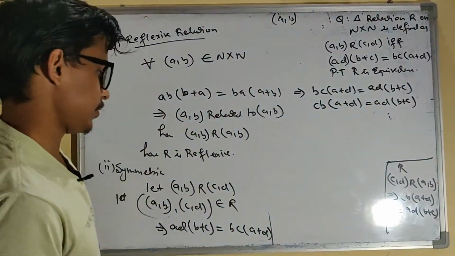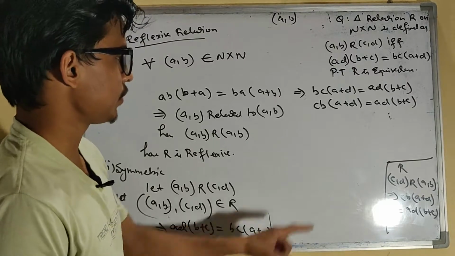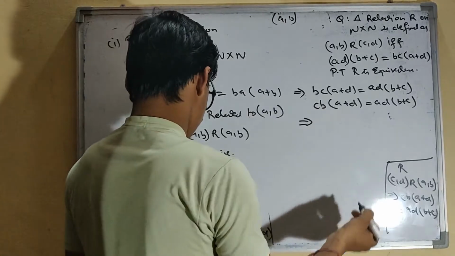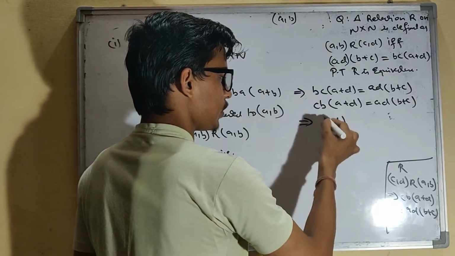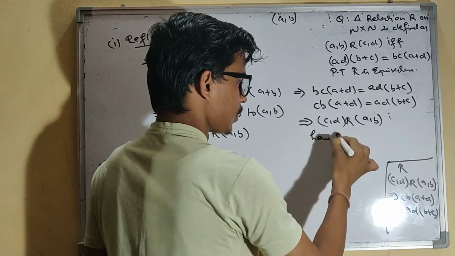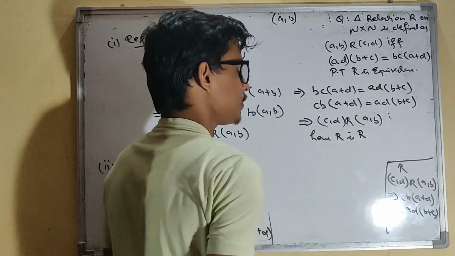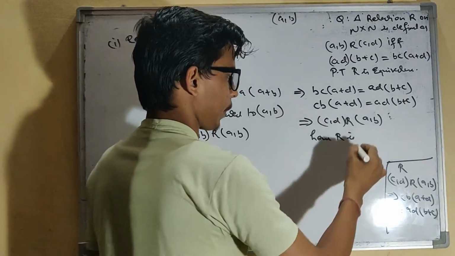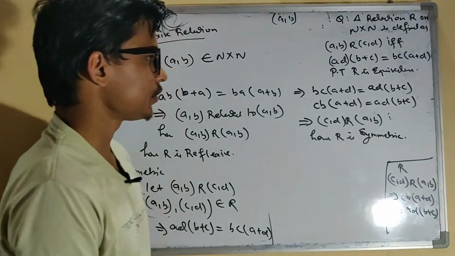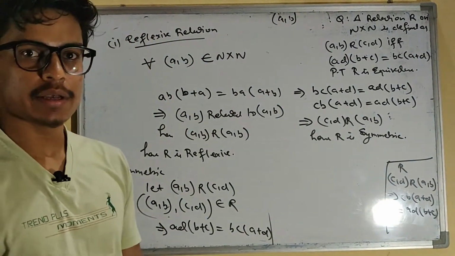Okay. So ad is going to this. Okay. So now these two are equal. So this implies that (c, d) is related to (a, b). Hence R is symmetric. Got it? So this is how you have to do this. Hence R is symmetric.